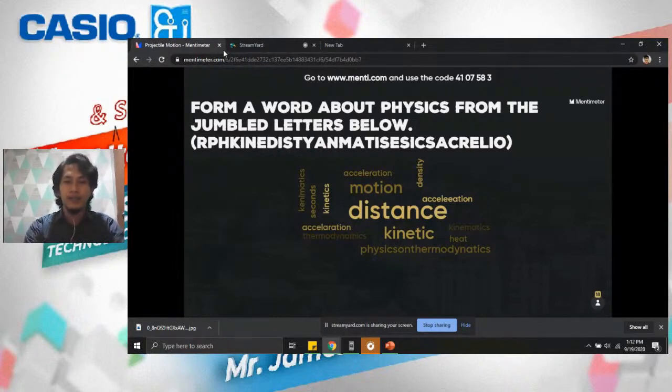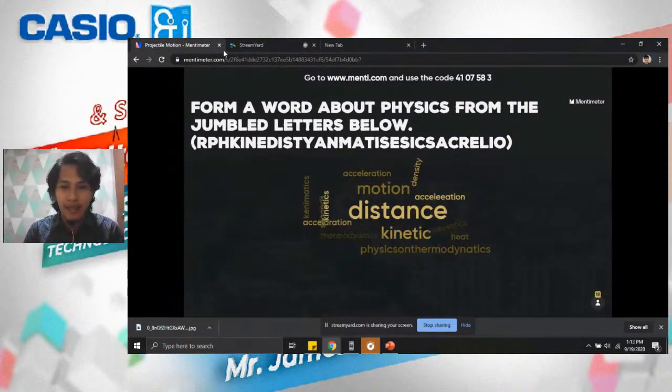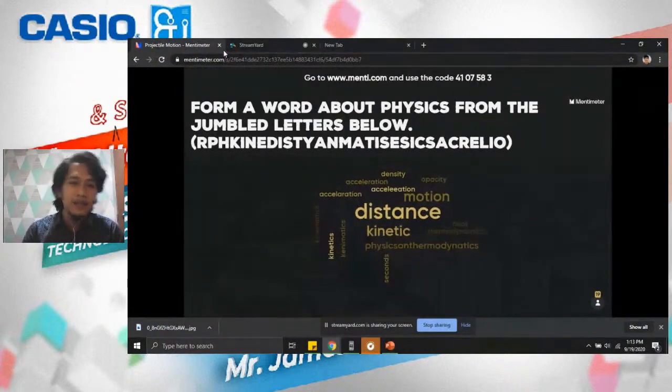So yan. Sige. Okay? So basahin natin ulit. Kinematics, seconds, kinetics, acceleration, density. Okay? Seconds, heat, thermodynamics, motion, opacity. Okay, nice. Last one.